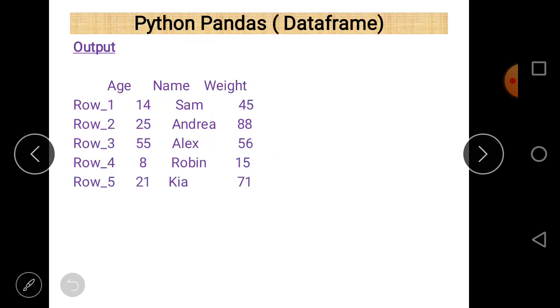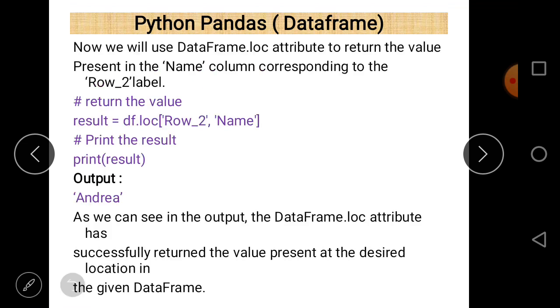We can easily see that at row2 and name there is a value, Andrea, and that's why the output is Andrea.